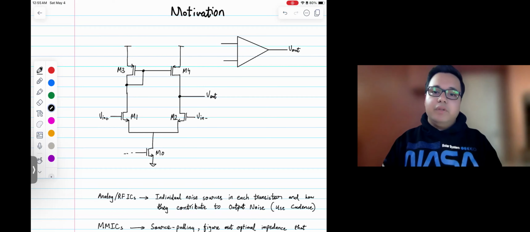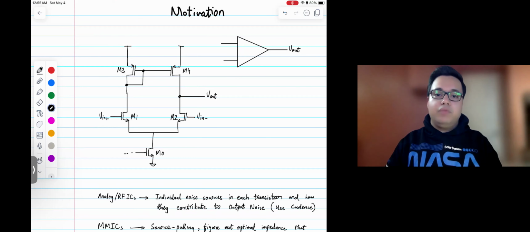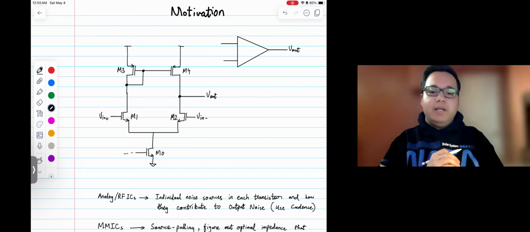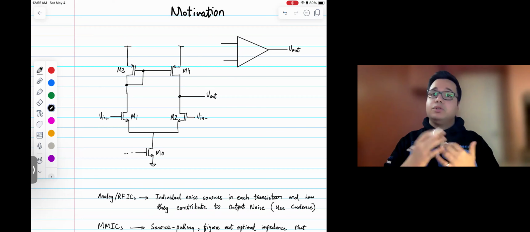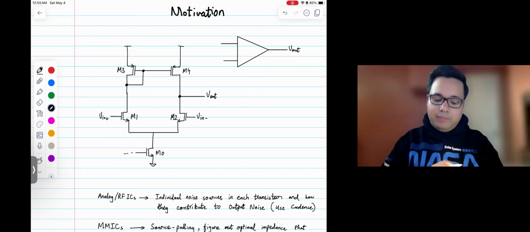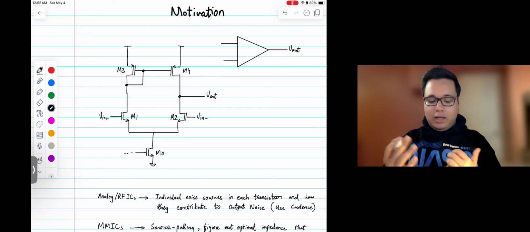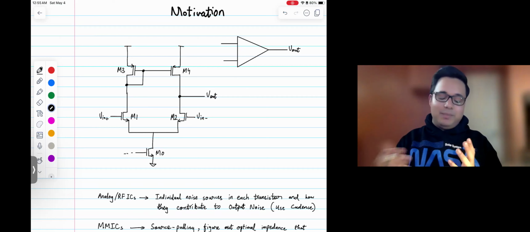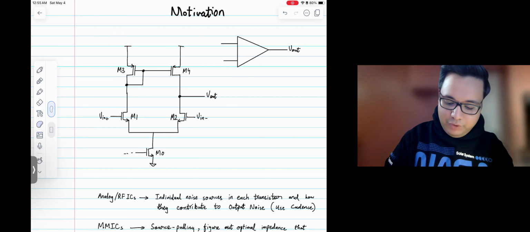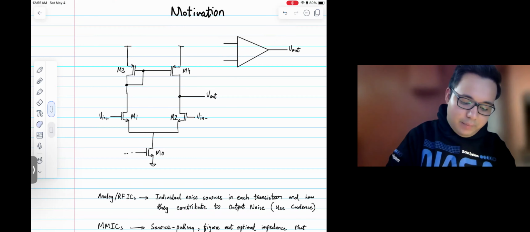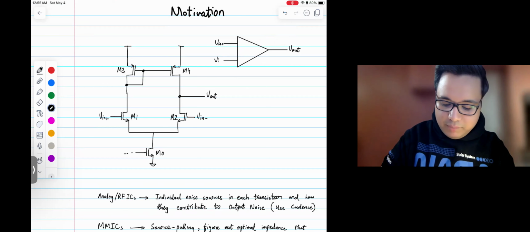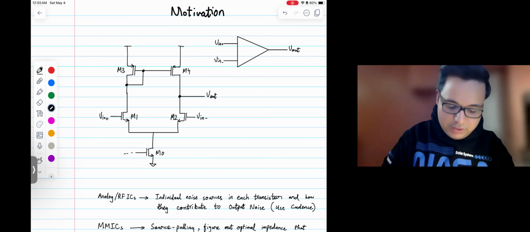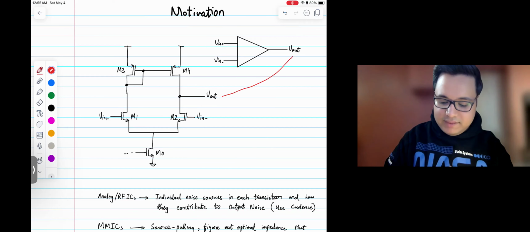By the way, this topology is also called the 5 transistor OTA, and it's a pretty common first stage in a 2-stage amplifier. Or you can even use this stage as an amplifier itself, depending on the application and your needs. But let's say this would be Vn plus, and this would be Vn minus, and this output node is the same as this output node.